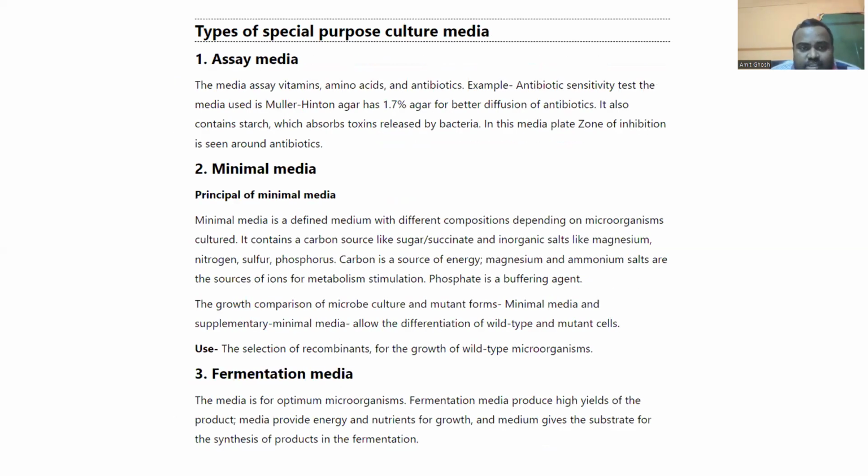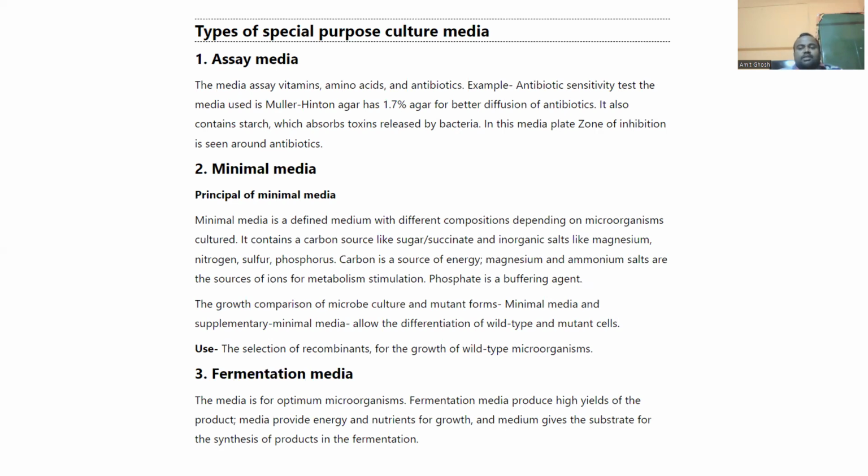Now, we are going to discuss types of special purpose media. These are not in the classification, but we need to understand their special purpose. The name justifies the significance. Like assay media: media to assay vitamins, amino acids, and antibiotics. As we all know the importance of vitamins, amino acids, and antibiotics.